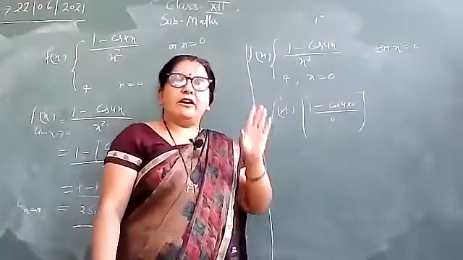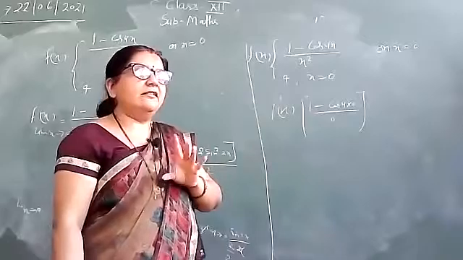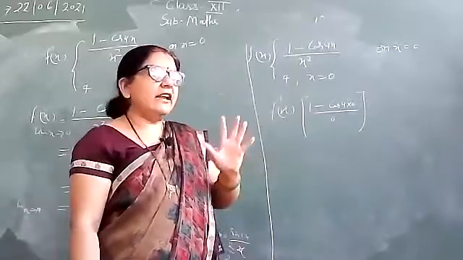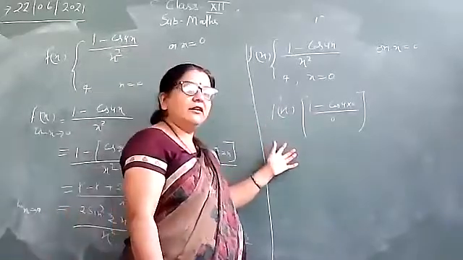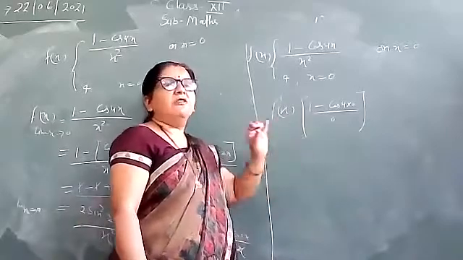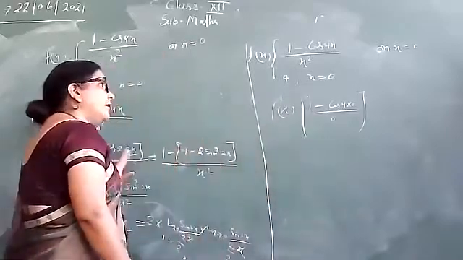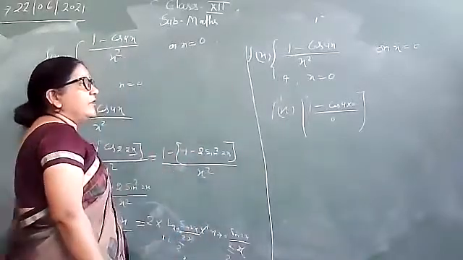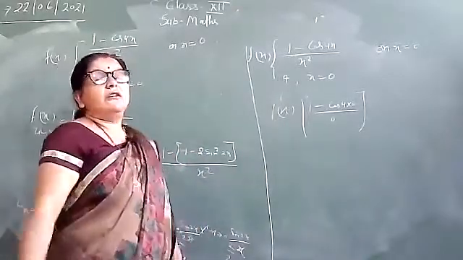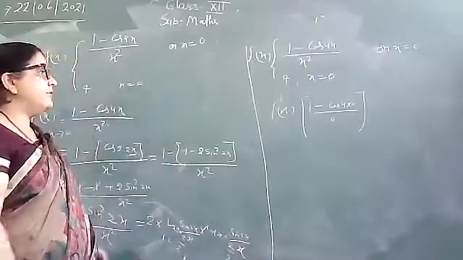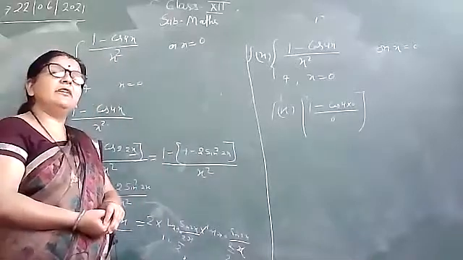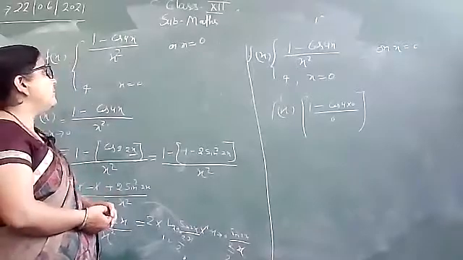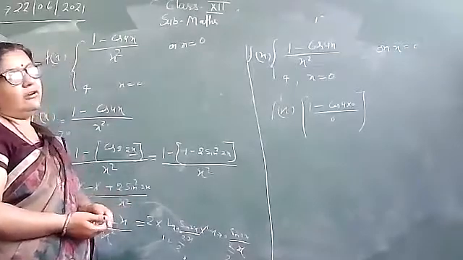If the function does not equal the limit, that means the limit is not equal to the function. That means this function is discontinuous. Function is discontinuous. So here we use two questions which are based on discontinuity.